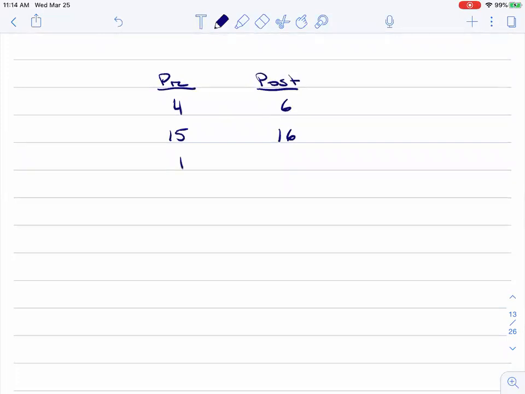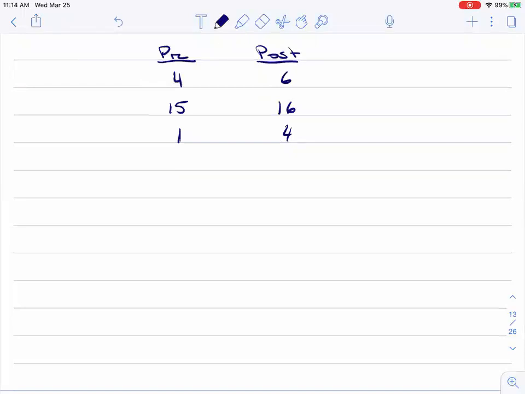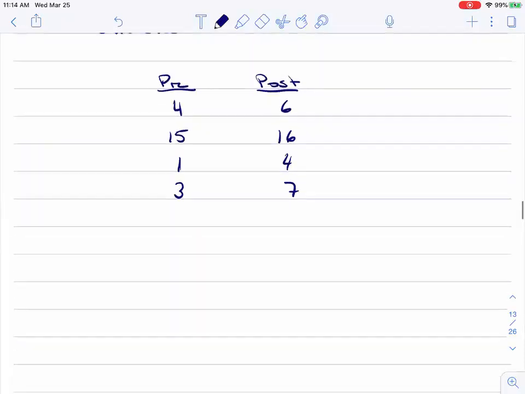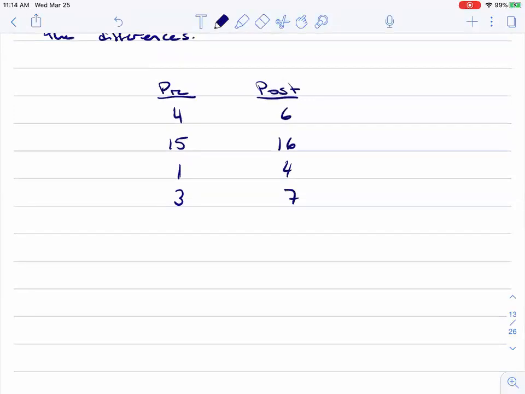This person started at 1, and then went to 4. This person started at 3 and went to 7, that kind of thing. So this is all here. Maybe I'll just use shorthand. So ID, right? This is person 1, 2, 3, and 4.